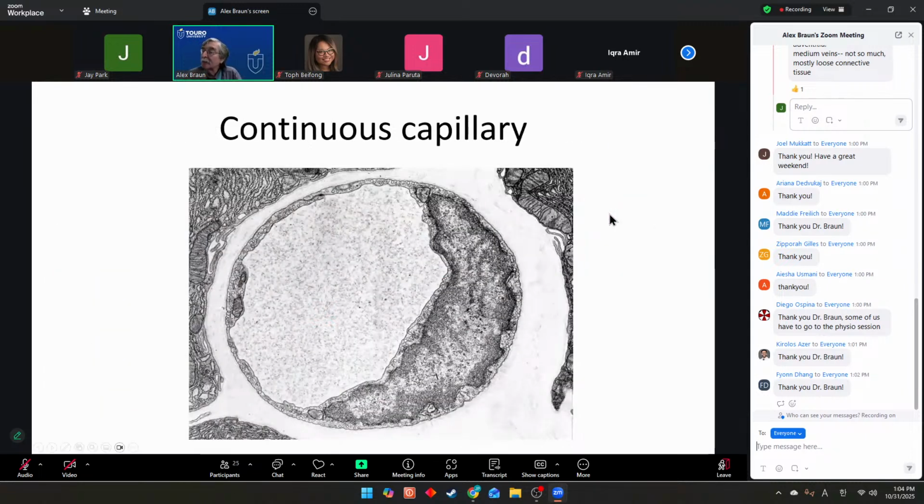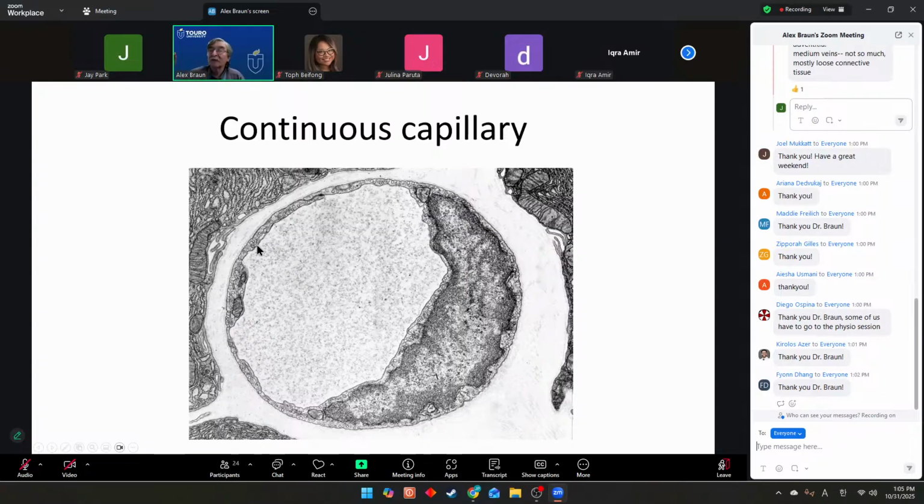Here's a continuous capillary. It looks like an endothelial tube. Here's the body of the endothelial cell, where you have the nucleus, you have cytoplasm, you have the organelles of the capillary. Many of the organelles, by the way, are little vesicles which are transporting materials between the lumen and the interstitium.